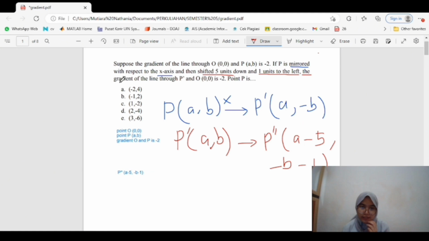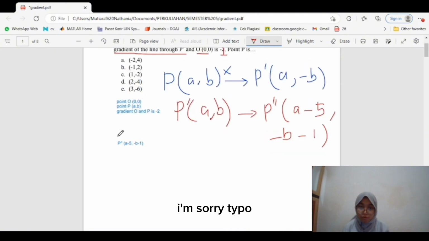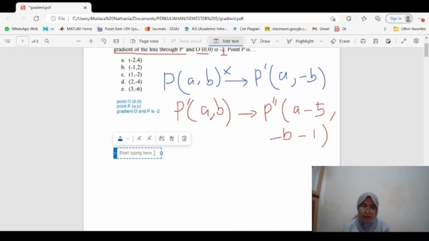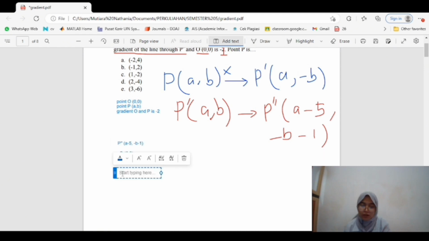The gradient of the line through the image point and point O(0,0) is negative 1. In this question, we need to find point P.